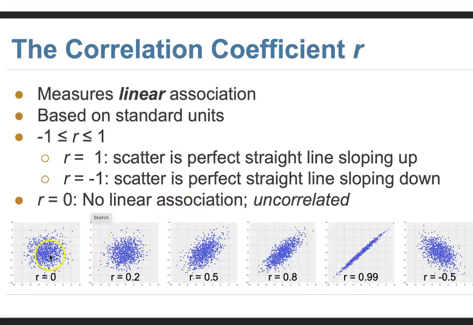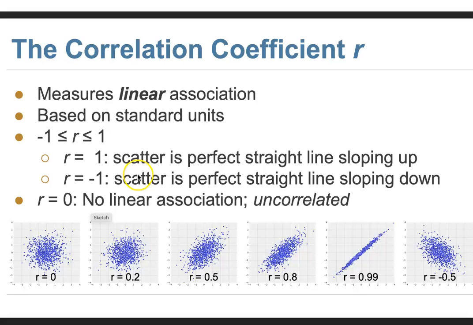You can see here, according to different R values, if R is really close or equal to 1, see here R equals 0.99, all the dots are very close to the straight line.